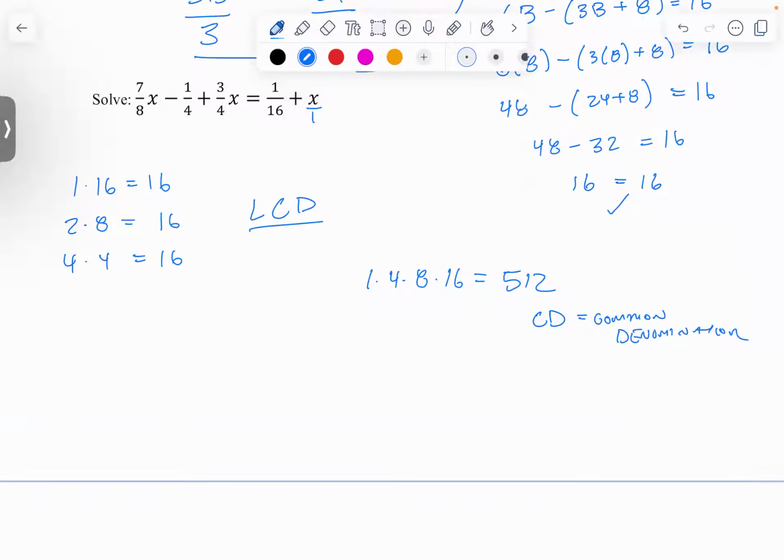So once I've identified what the least common denominator is, the best thing is to multiply both sides by that value. So I'm going to multiply both sides by 16 over 1.